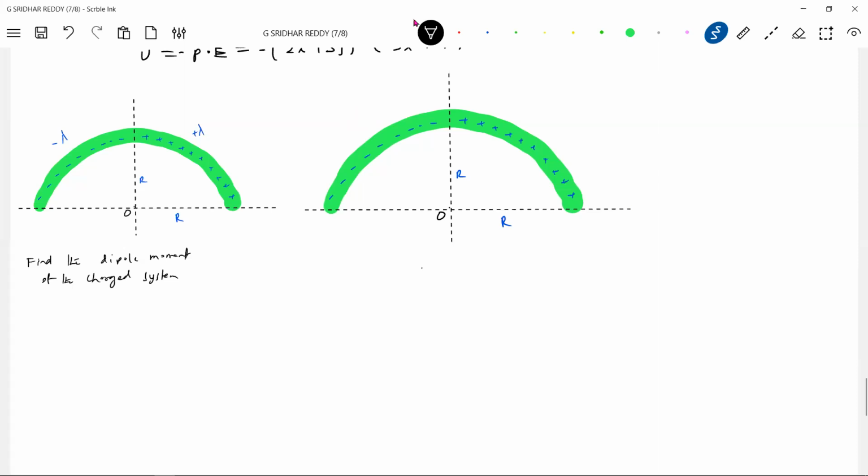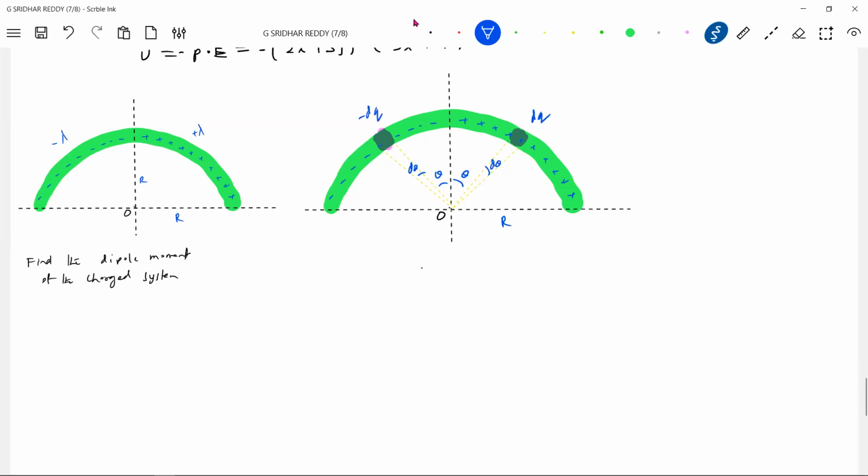Let me assume a small element here, and one element here. This will be theta, and this will be theta. Let these elements subtend an angle d theta, and let the charges be dq and minus dq.